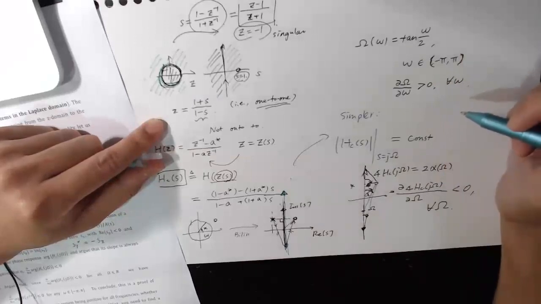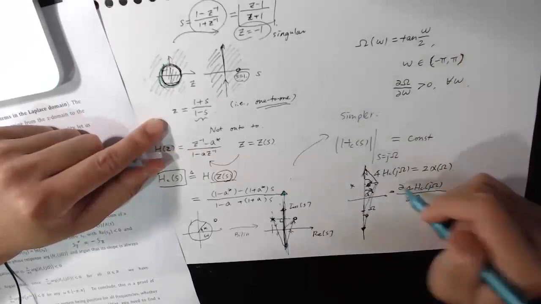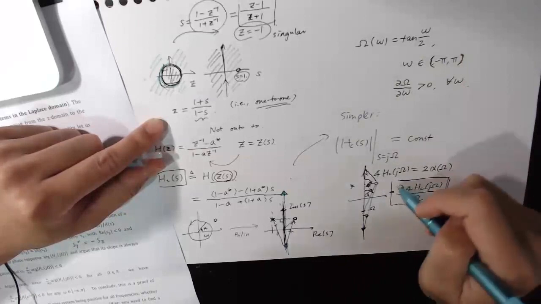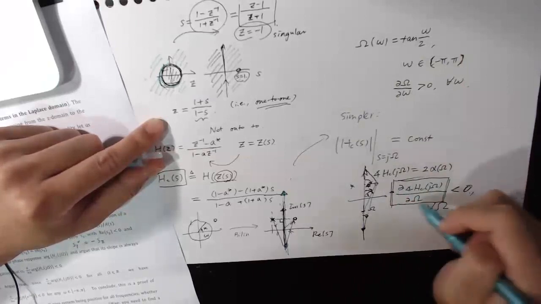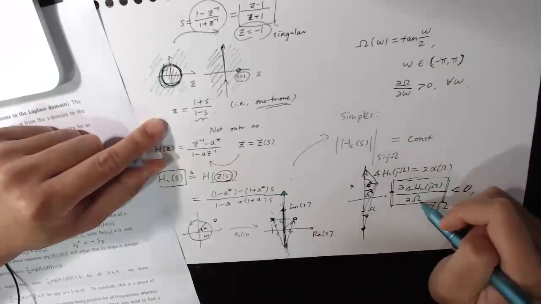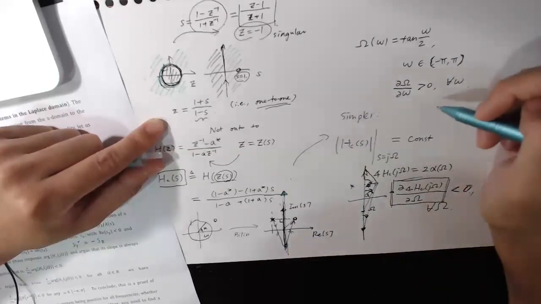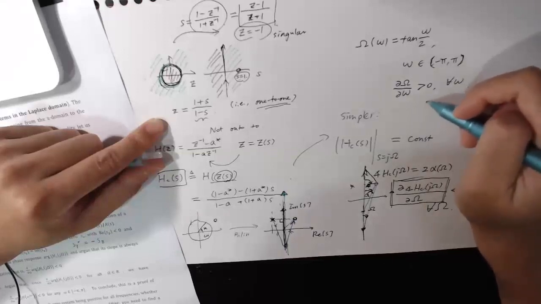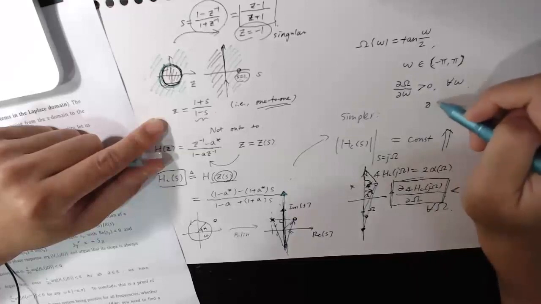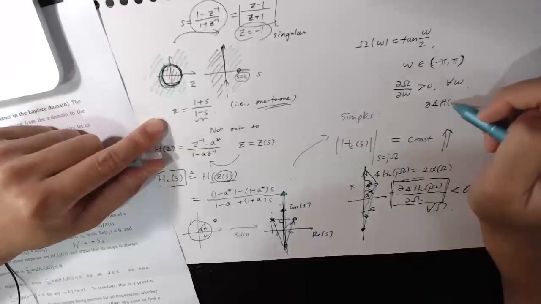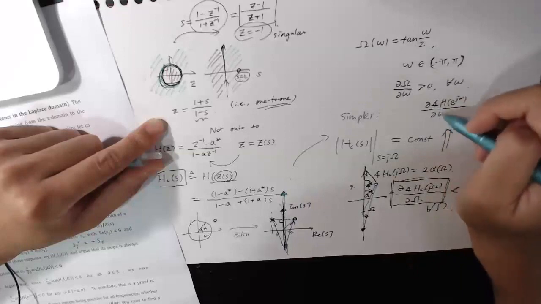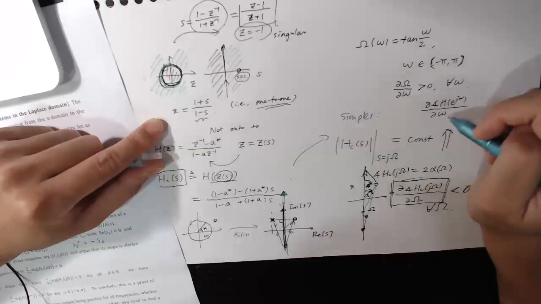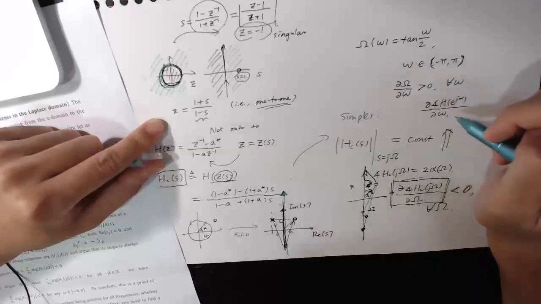Since we convinced ourselves that this derivative is always negative in the big omega domain, we can conclude that the first derivative of this angle with respect to small omega is also always negative.